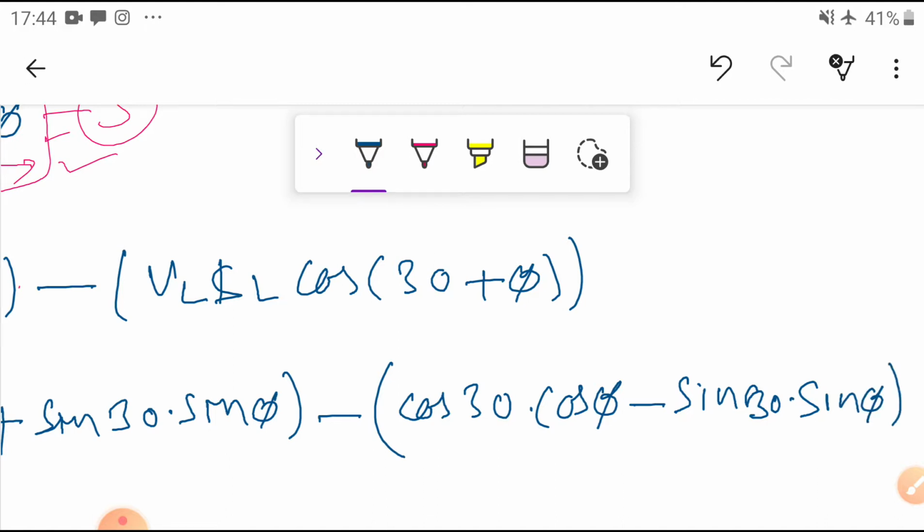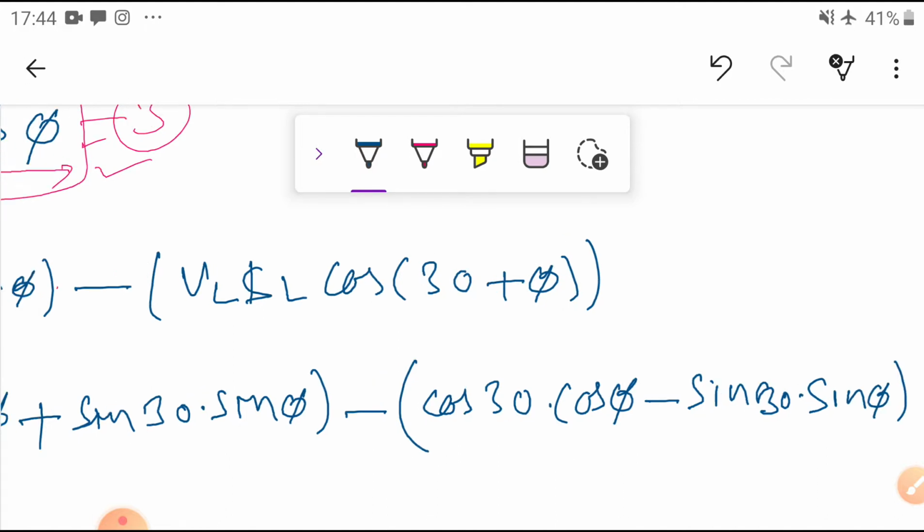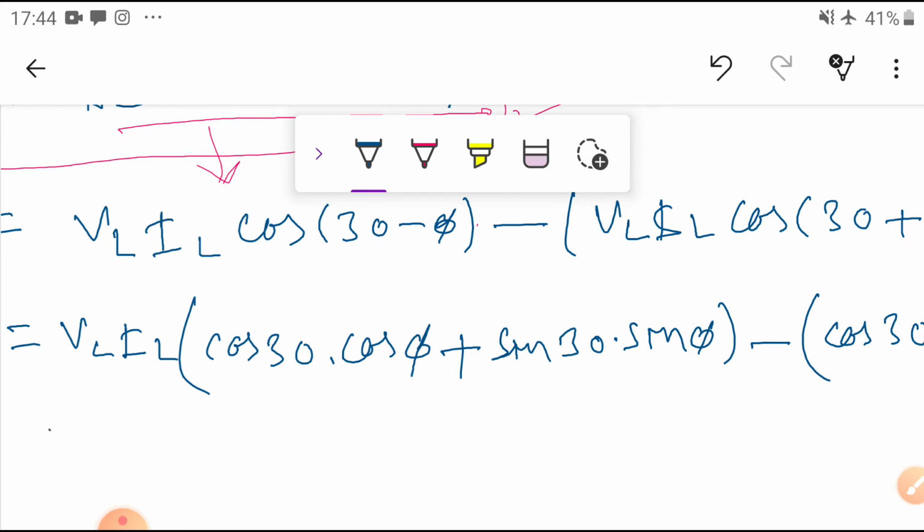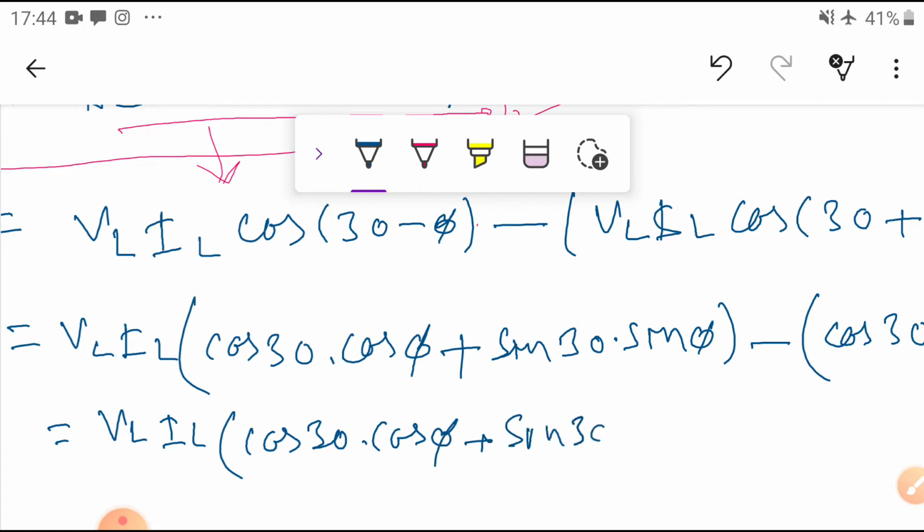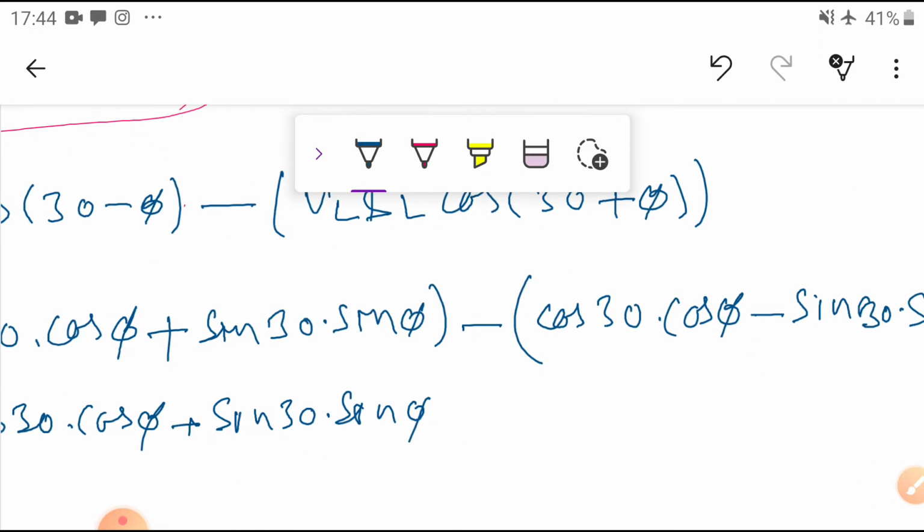This is the equation. Now here is the same thing. Okay, so I can write VL IL, cos 30 cos 5 plus sin 30 sin 5. Now in this case what will happen?